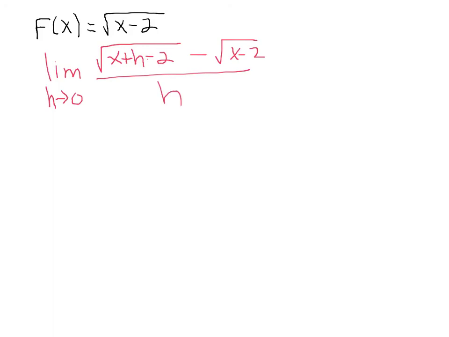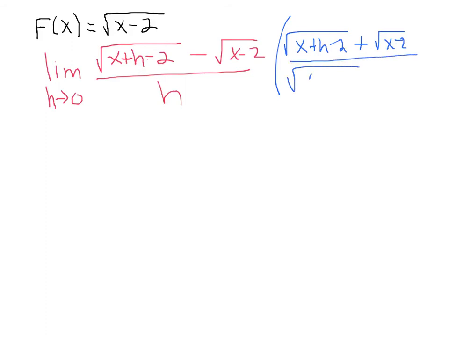Well, here's where we're going to have to rationalize the numerator. So now this is where it gets messy. So we're going to multiply by the square root of x plus h minus 2 plus the square root of x minus 2, over the square root of x plus h minus 2 plus the square root of x minus 2. Okay? So we're going to rationalize here.